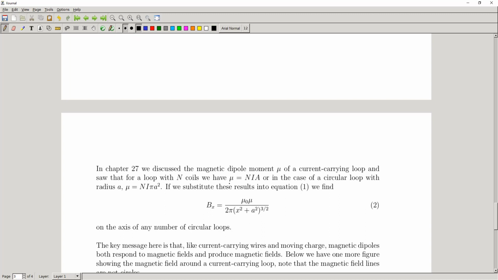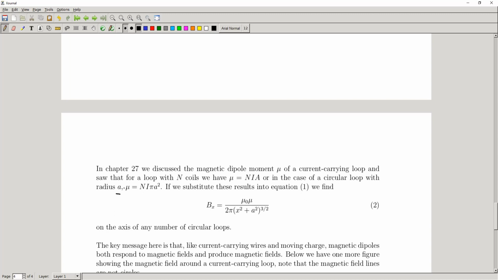So we saw this in chapter 27. Mu is equal to NIA, where A is the area of our loop, right? And in the case of a circular loop, which is what we're dealing with here, our capital A is just pi a squared, where little a is the radius of the loop. So this expression simply goes to this as we replace capital A with pi small a squared, right?